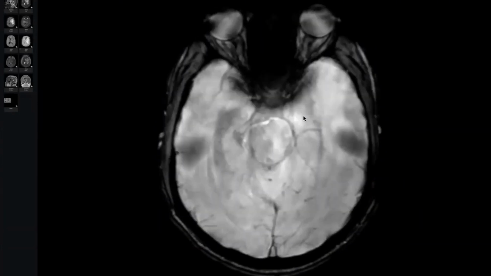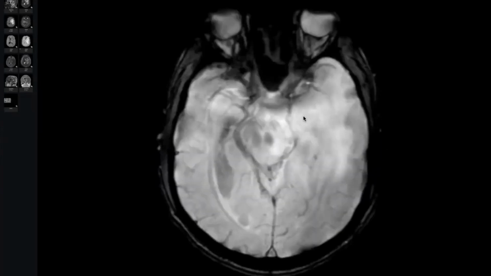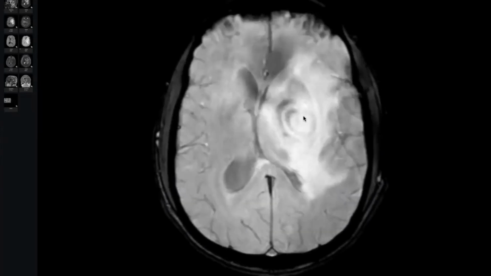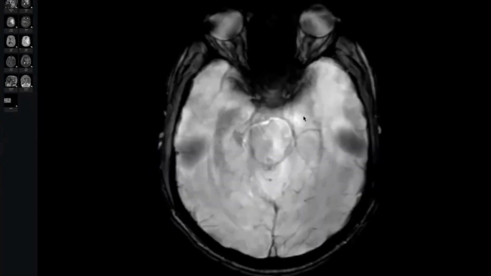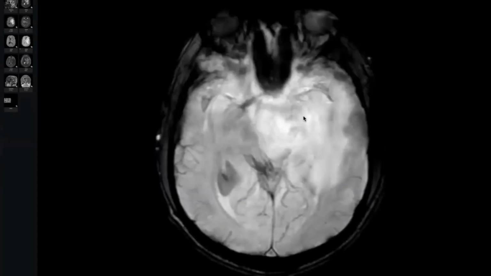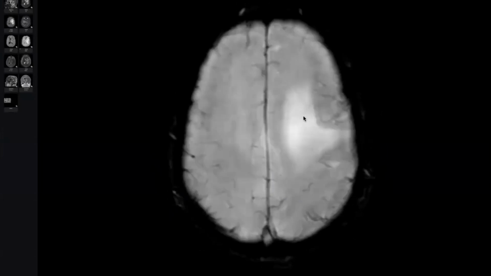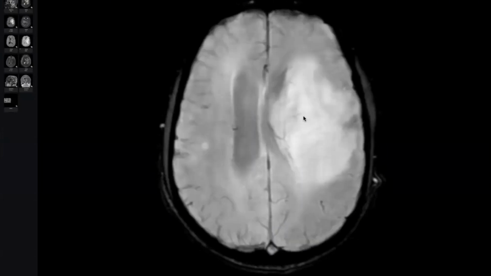Does this patient need urgent referral or not? Yes, urgent referral due to this subfalcine herniation. In your opinion, what will the team do? What is the first line of management for them here? They will do craniectomy and decompression surgery. Okay, maybe correct.